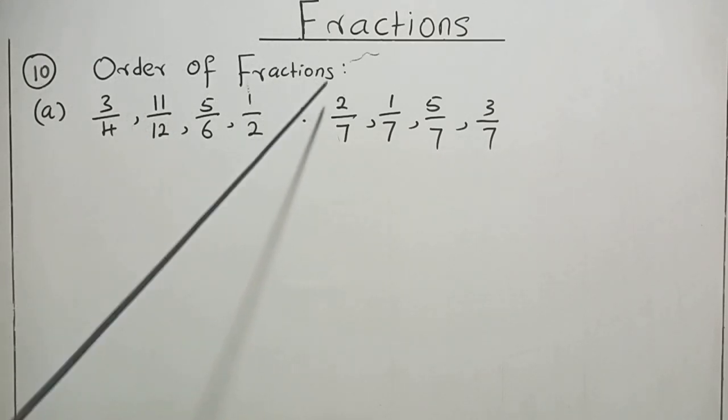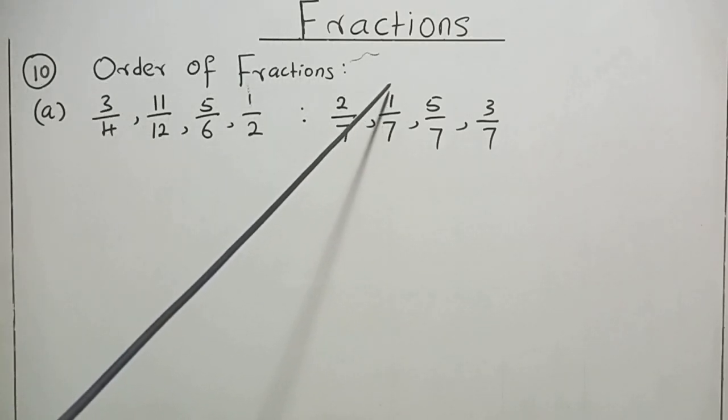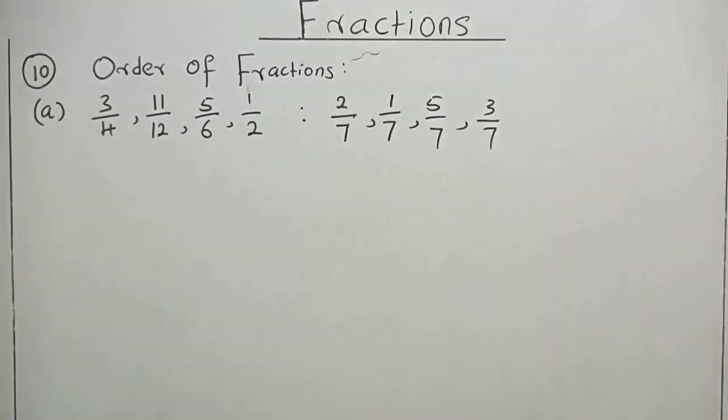So somebody who picks 2 out of 7, if you compare the size with what you pick, if the person is told to pick 1 out of 7, will conclude that 2 out of 7 is bigger in size than 1 out of 7.